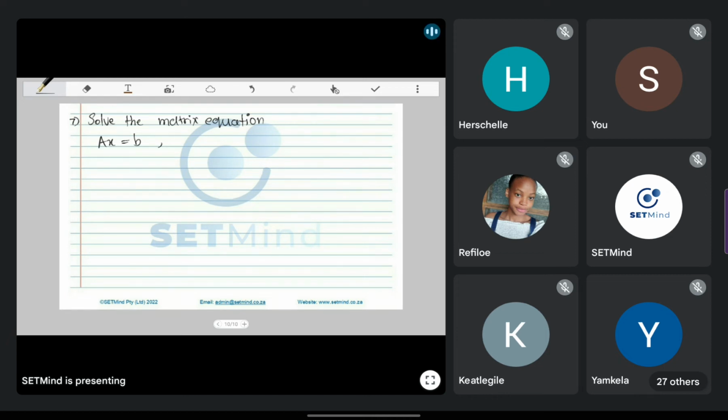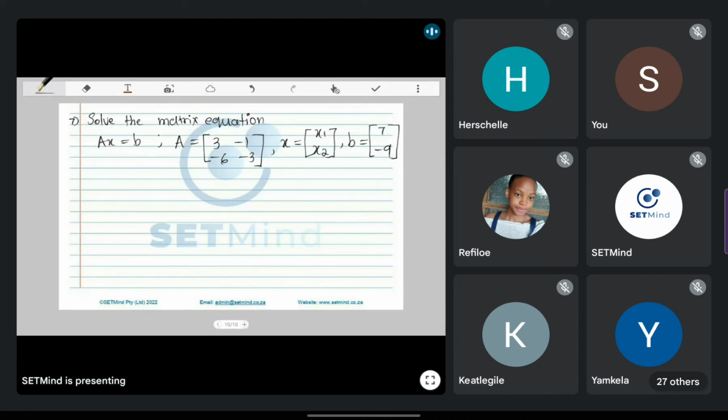Your A is simply 3, minus 1, minus 6, minus 3. And your x is simply x1 and x2. And your b is simply 7 and minus 9.